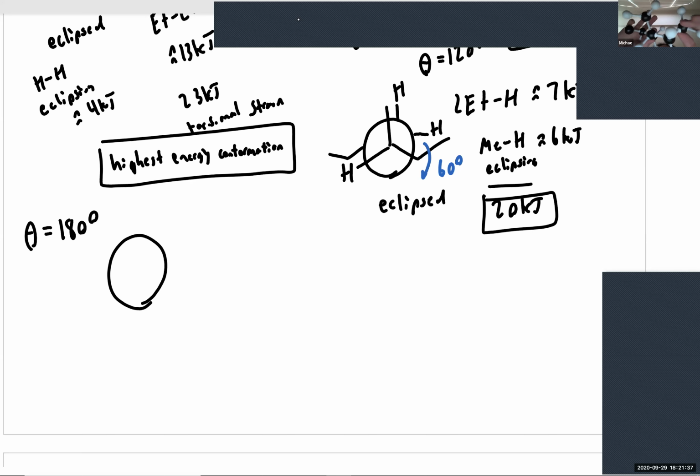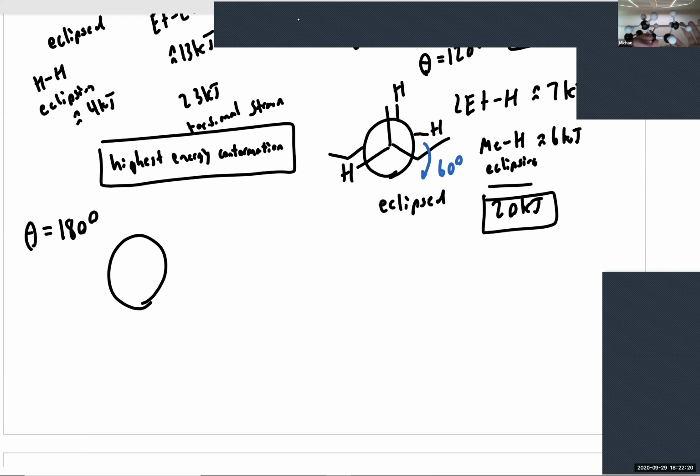Does everyone notice in the following Newman projection how our two ethyl groups that I'm holding are exactly opposite to each other? Let me get this rotated just right so that the view is good. Okay, here we go.